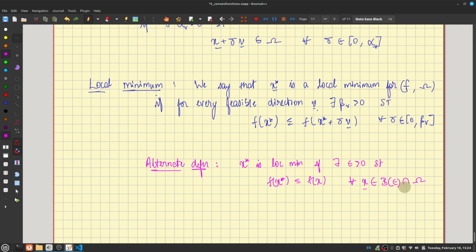Okay. So this is something that would handle any irregularity conditions on f, on omega. That wouldn't matter.